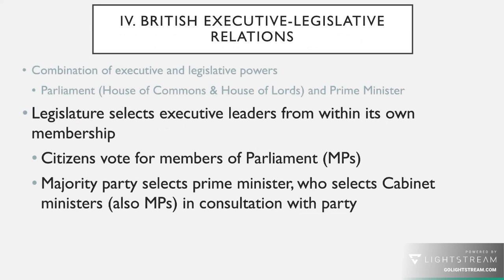with the party. So the British cabinet is different in important aspects from the American cabinet because, for one thing, those cabinet ministers are members of the legislative branch just as much as the prime minister is. So they're occupying dual roles. Another thing is that the cabinet ministers aren't so freely selected by the prime minister.